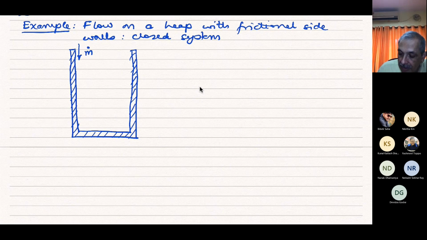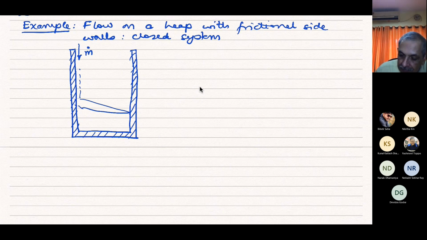And what will happen is that as we keep on pouring, the material will fill up and we will have a heap like this. So the material will fall like this over here, and then it will flow to the other side. And as it flows, it will create a flowing layer.